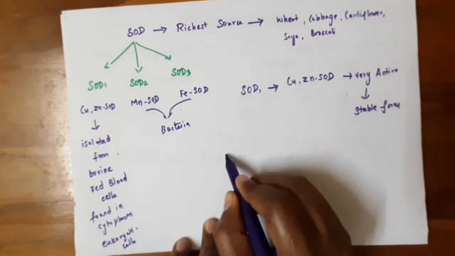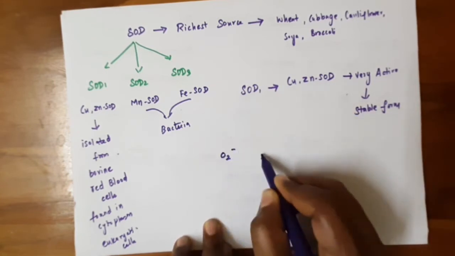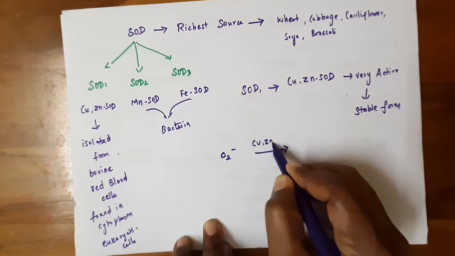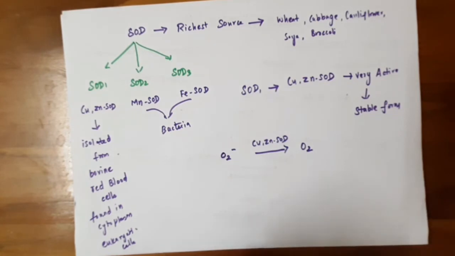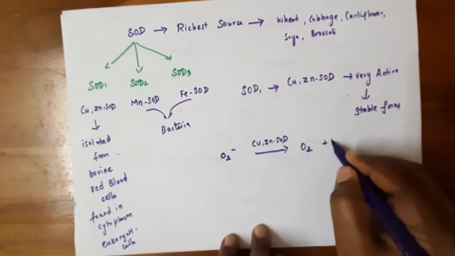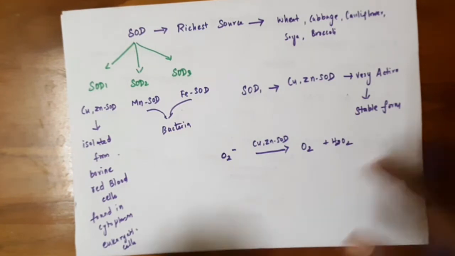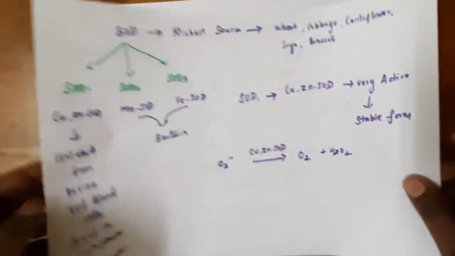In SOD1, the oxygen free radical, peroxide, is converted by copper zinc superoxide dismutase to molecular oxygen and H2O2. Let's see the structure of superoxide dismutase.